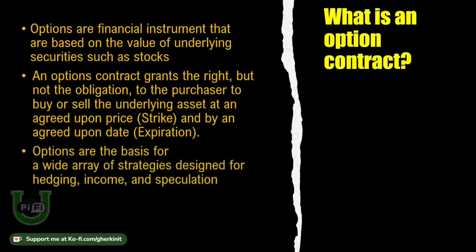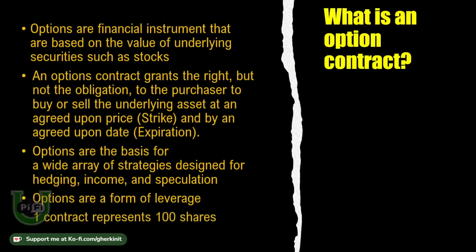Options are the basis for a wide array of strategies designed for hedging, protecting investments, income, options can be sold to generate income, and speculation, essentially betting on the outcome of a move in a stock or other asset. Options are a form of leverage. One contract represents 100 shares.